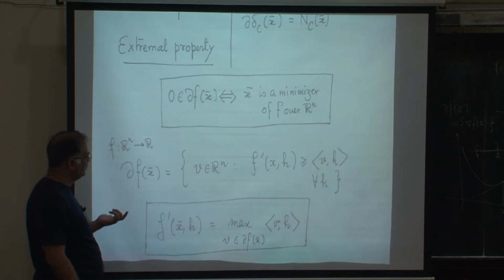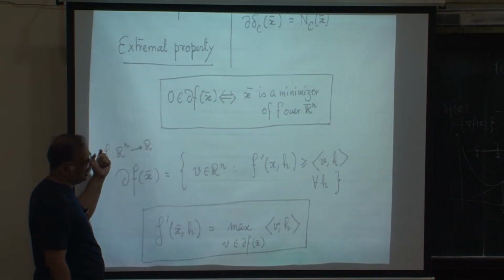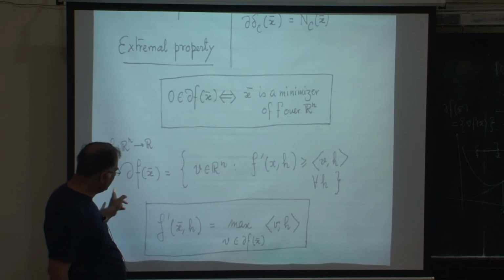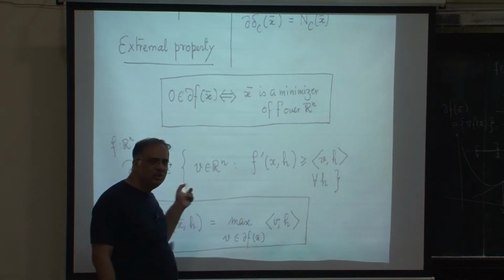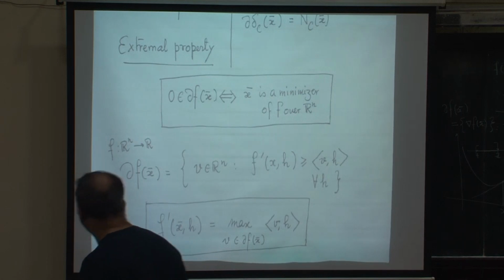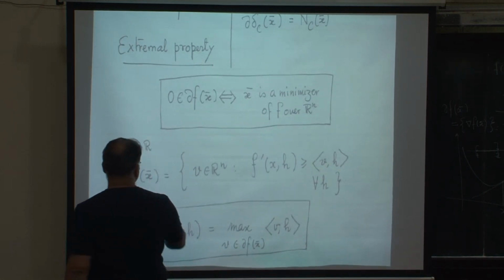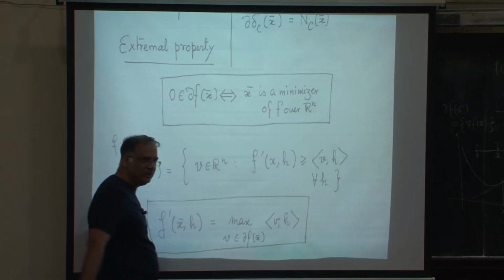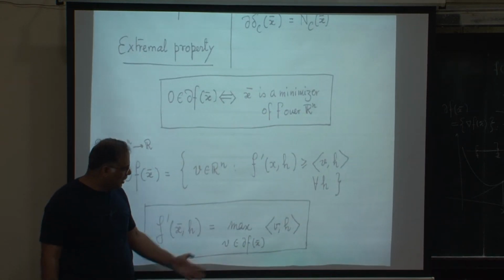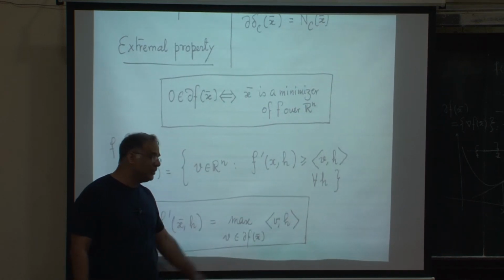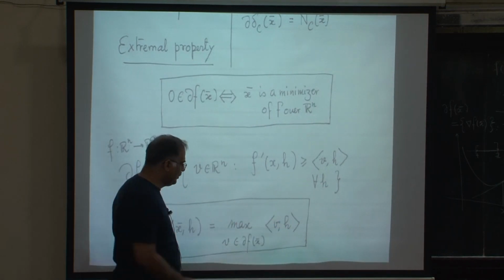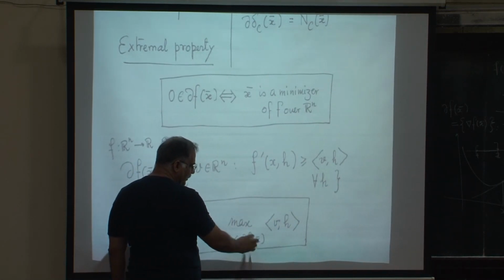So, here f is from Rn to R, we just take the basic situation, and this is the relation between the directional derivative and the subdifferential. One is where the subdifferential is expressed in terms of the directional derivative, another where the directional derivative is expressed as a kind of linearization of the subdifferential itself. So, the directional derivative is actually the maximum of v dot h over v in the subdifferential.